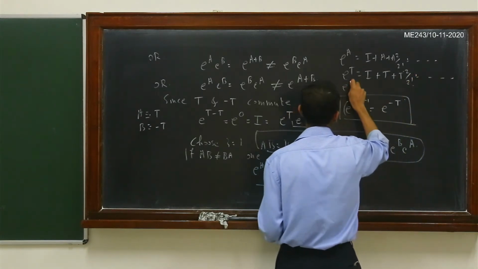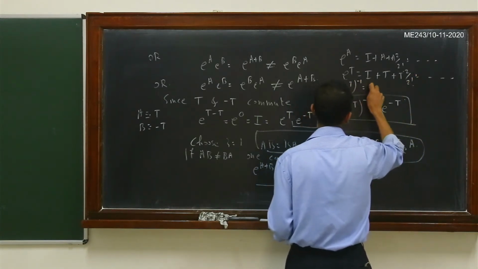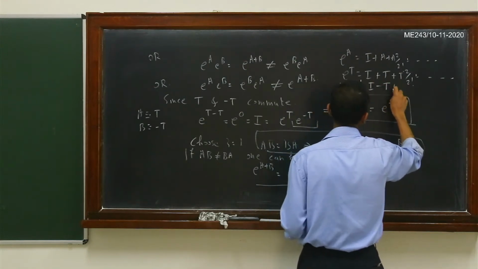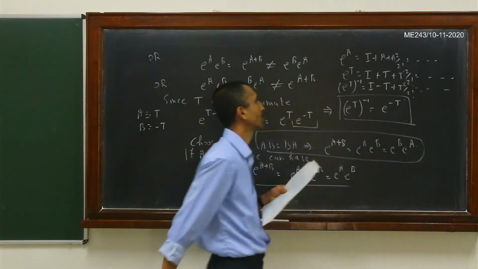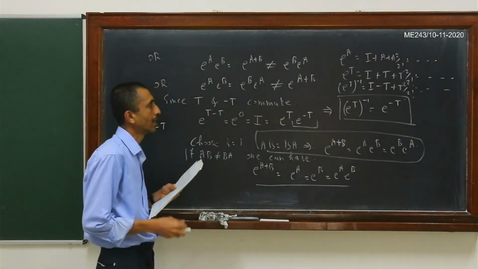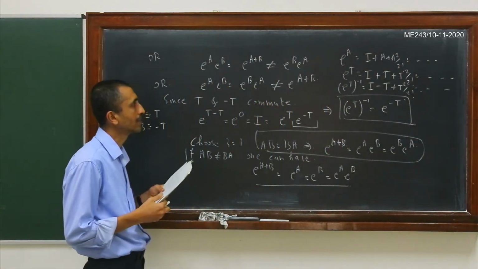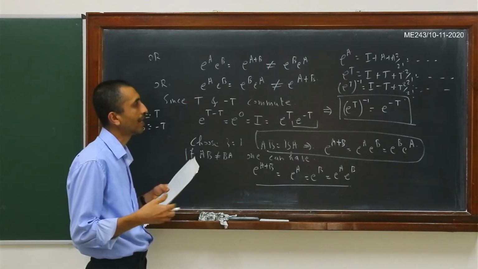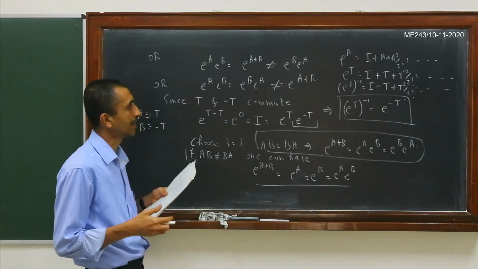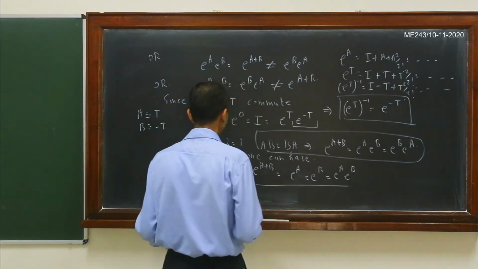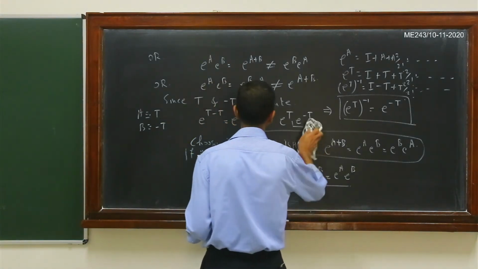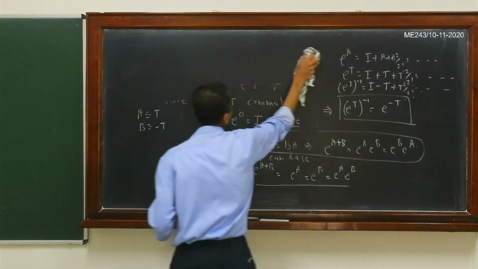Then e to the t inverse would be I minus t plus t square by 2 factorial and so on. So simply replace t by minus t and find e to the minus t, and that would be the inverse of e to the t itself. As I said, a very nice result using this particular property. Fine. Now let us proceed.